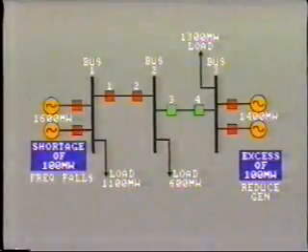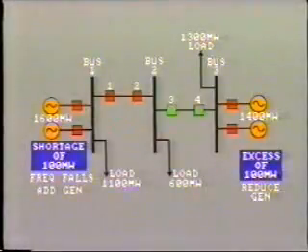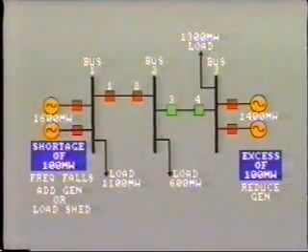In this situation, the frequency will fall and continue to fall until we can restore the balance. That is, power generation equals power demand. If additional generating capacity cannot be brought online rapidly, some of the load will have to be shed in order to restore the frequency to normal.